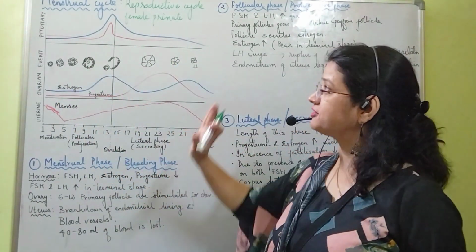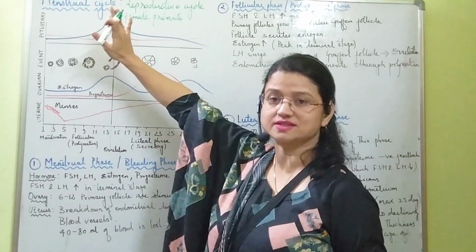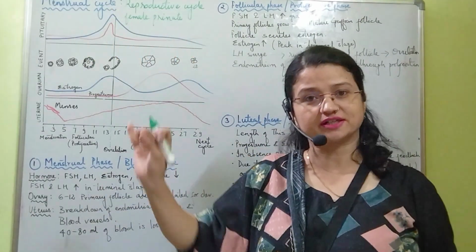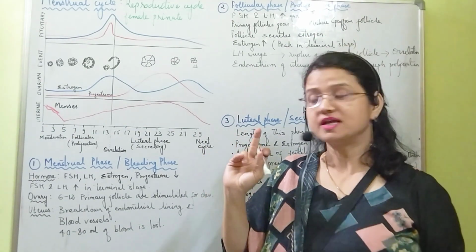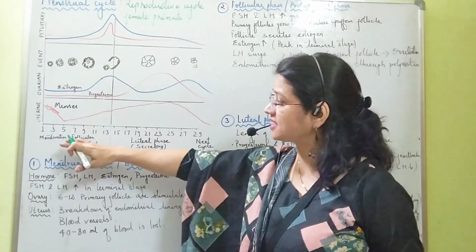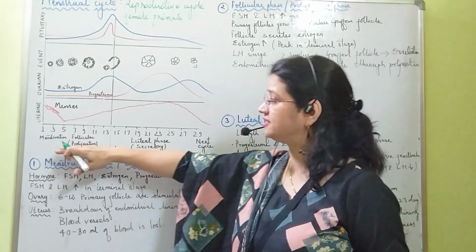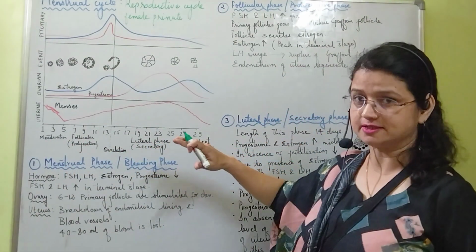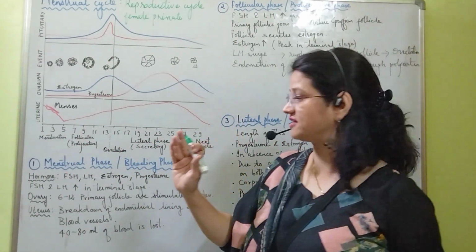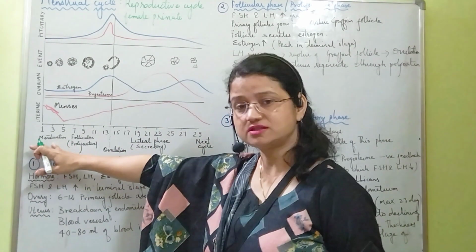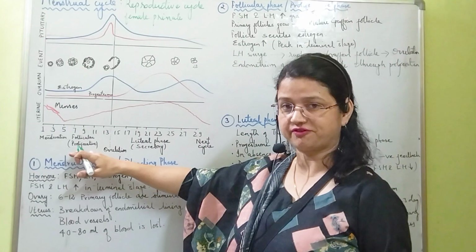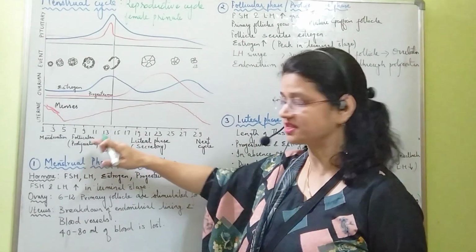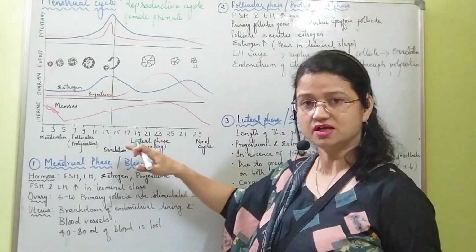So just see here, first of all you should know what the menstrual cycle is. It is the reproductive cycle which takes place in female primates. Second, we can divide the cycle into different phases, and the three important phases are the menstrual phase or bleeding phase, the follicular phase or proliferative phase, then ovulation, and the last one is the luteal phase.